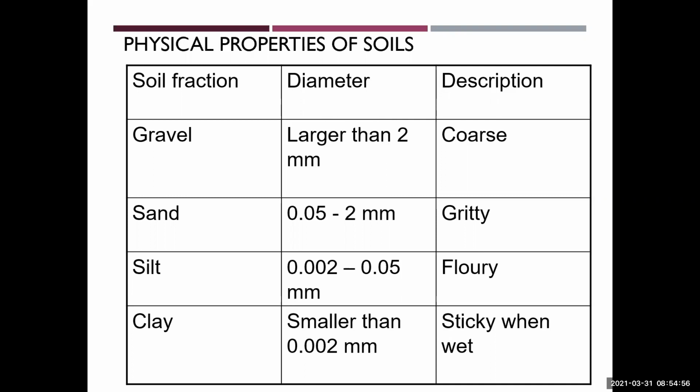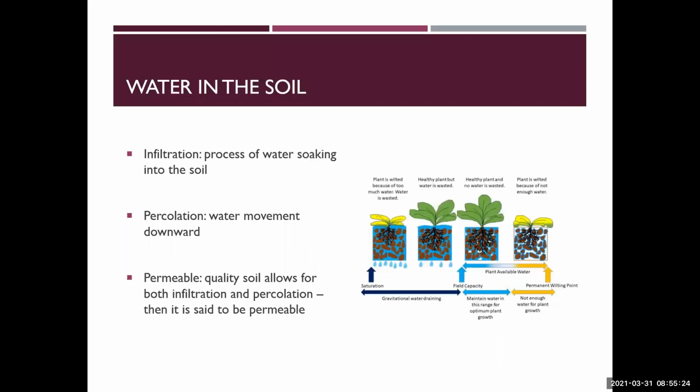Chemically, they're pretty inert as compared to clay and organic material, which are actually responsible for most of the chemical reactions that occur in soil. We use these four components to come up with the different descriptions we have of soils. And if you ever take a soils class, you'll find out there is a ton of different types of soils, but that is beyond the scope of this lecture.